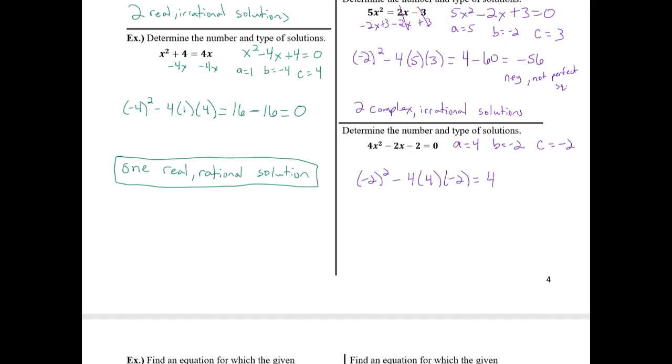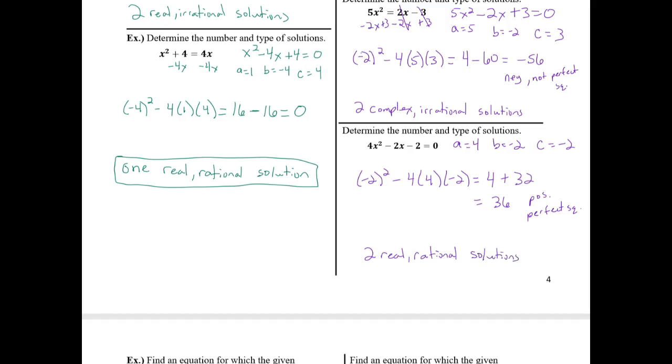And negative 4 times 4 times negative 2 is a positive 32, which gives us 36. It's a positive number. It's a perfect square. That means there will be 2 real and rational solutions.